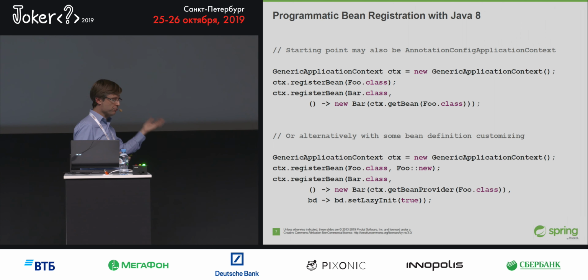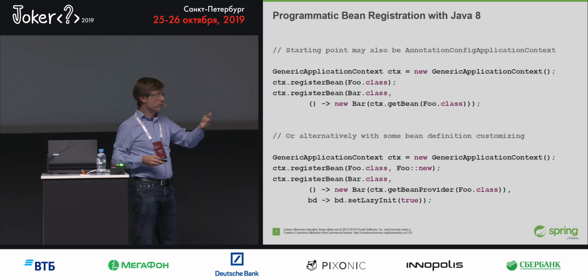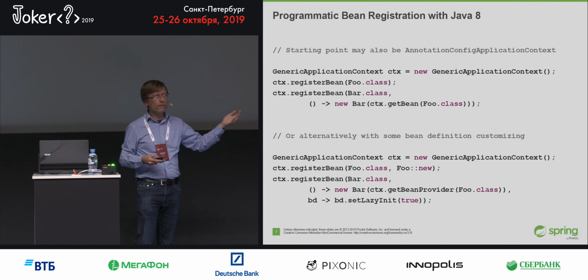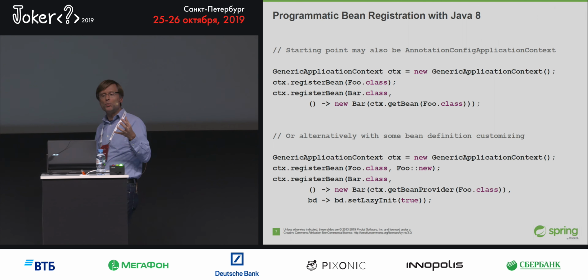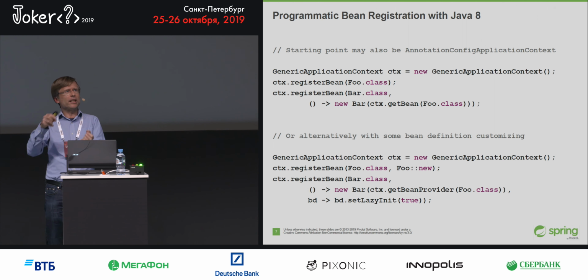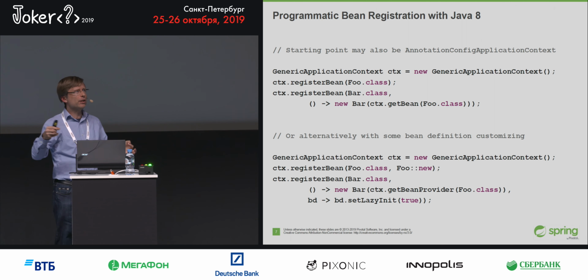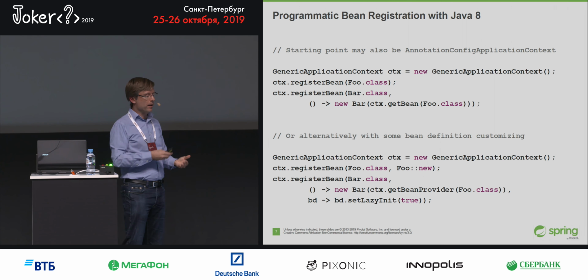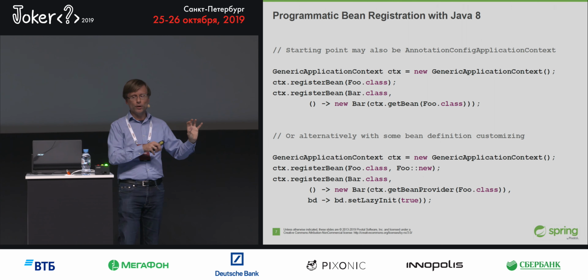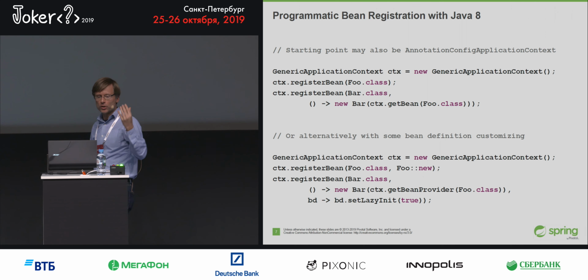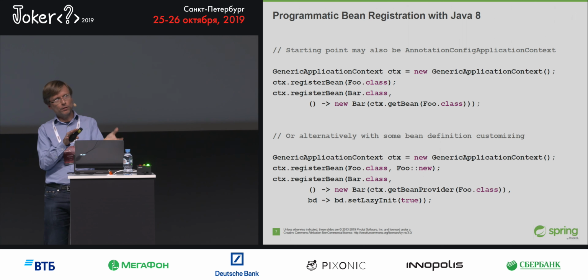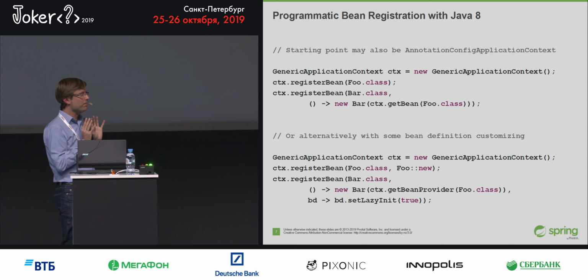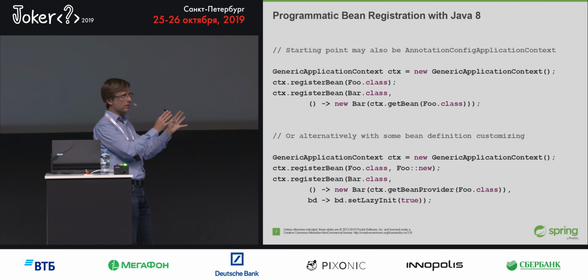So setting attributes or setting the lazy init flag or the primary flag, all of those things that you would otherwise maybe express through an @Primary annotation or an @Lazy annotation on an @Bean method. You can set the same semantics here by getting access to the underlying bean definition metadata object before it's registered with the container. So this is kind of the other side of the story, registering beans programmatically with the container.